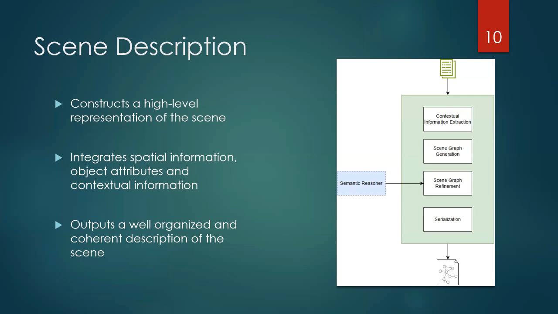We have information that comes from multiple different algorithms that can have some overlappings, and in this module, we use the contextual information extracted from vision and a refinement process to make sure that the semantic and visual information extracted from the scene is well organized and well represented.